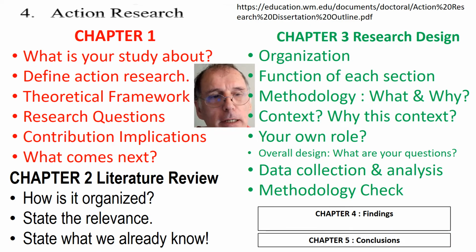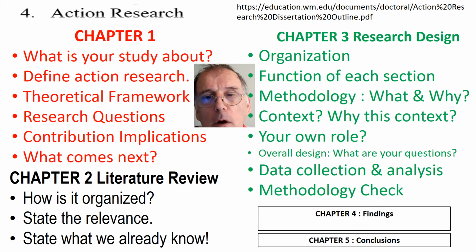Okay, so let's discuss the action research. So as you can see, there's 5 chapters. Okay, so I strongly recommend you locate the link that's depicted at the top of this slide. So chapter 1, what is the study about? Define action research, theoretical framework.